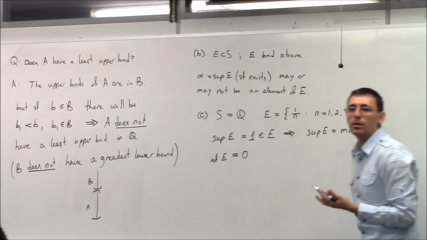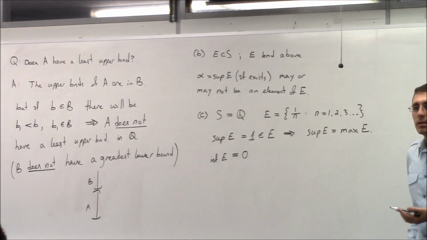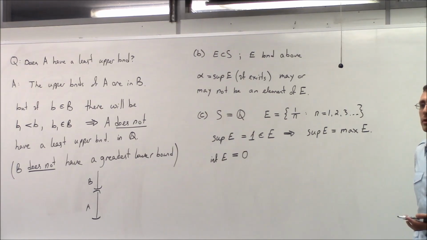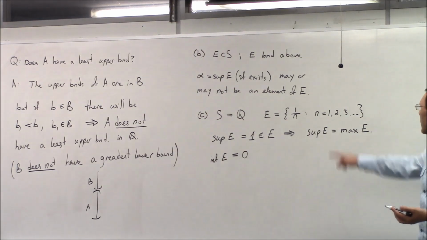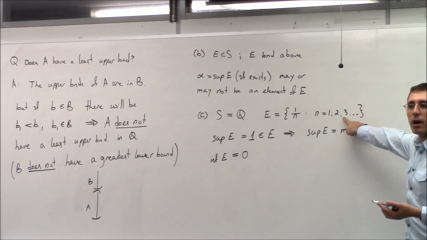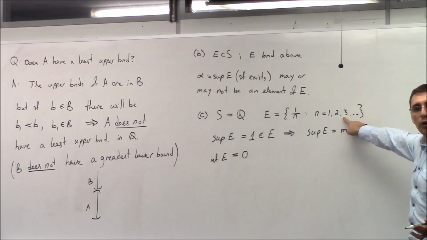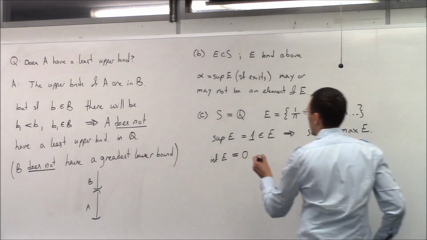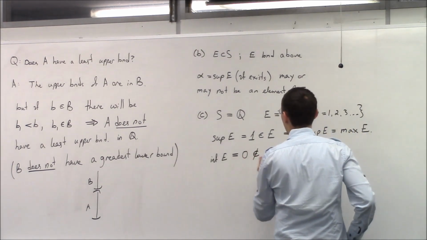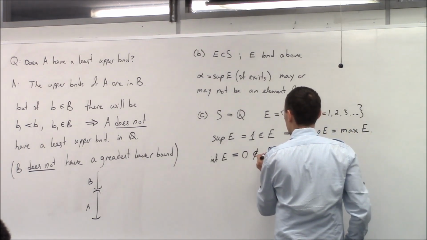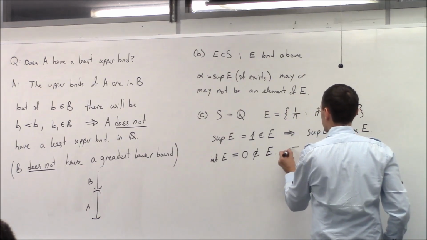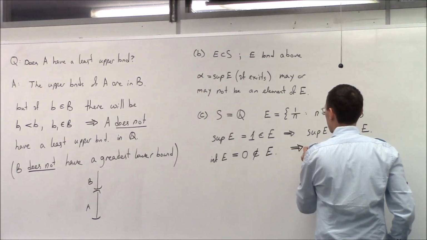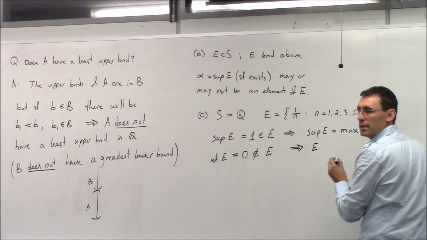And is 0 a member of the set or not? Is 0 part of E or not? No. I don't see 0 ever, right? I only see 1/2, 1/3, 1/4, but I never see 0. So this is not part of E. In other words, E does not have a minimum.